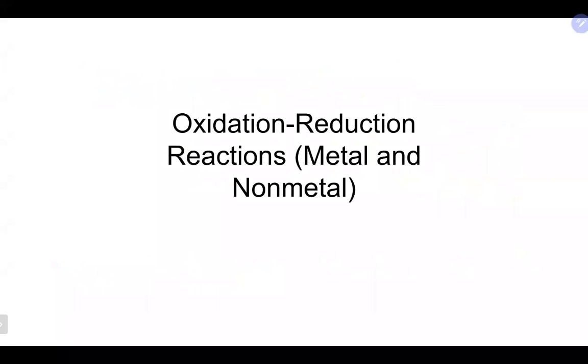So we're going to talk about types of reactions. And when we talk about types of reactions, there's actually several different ways that you could classify the same reaction. A lot of reactions can be classified in many different ways, but overall, there's two big classifications of reactions. One big classification is redox reactions, which basically means oxidation and reduction reactions.